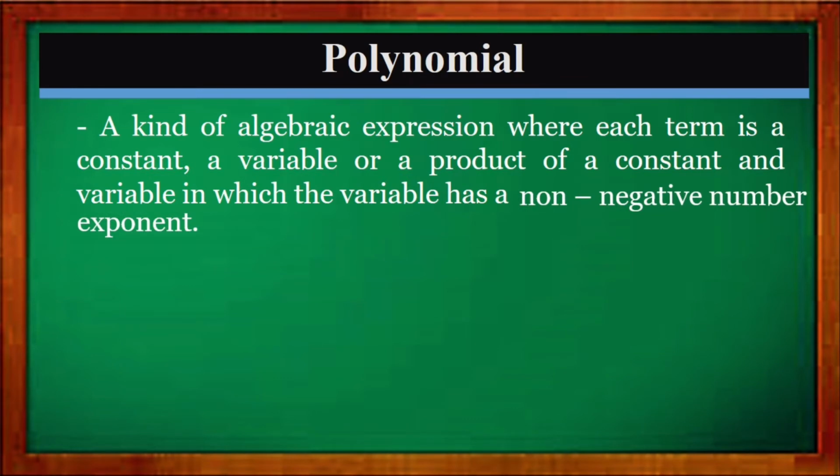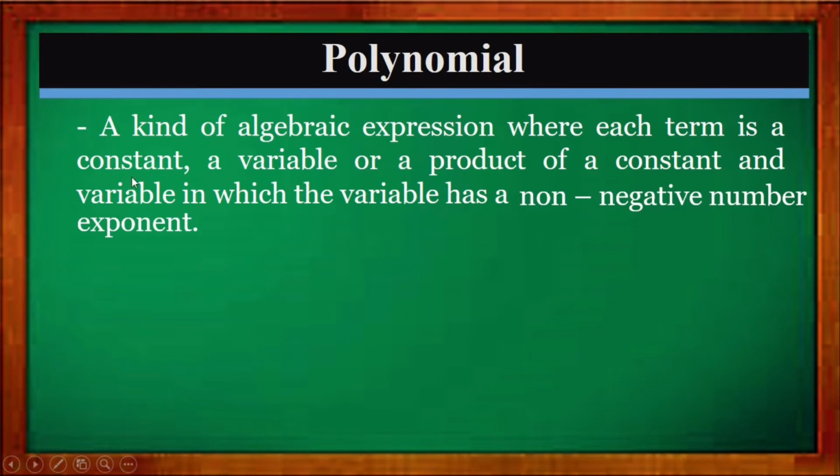So, in short, when we talk about polynomial, it can be a constant, it can be a variable, or just a combination of constant and variables, wherein the involved variables have a non-negative number exponent.